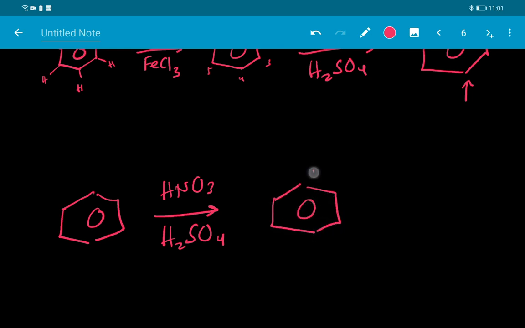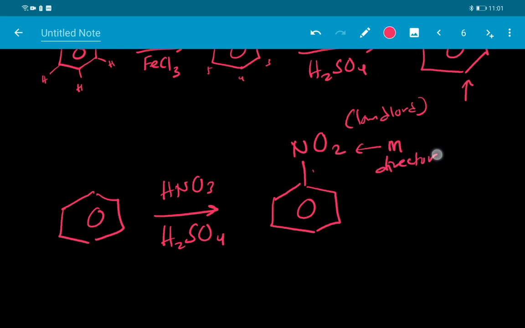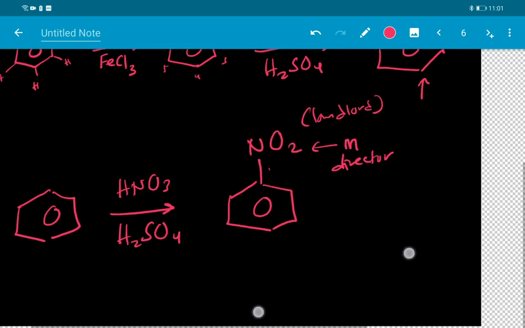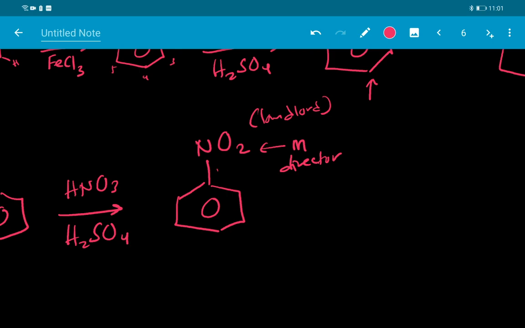So this will become nitro, and since nitro is the first one to enter the benzene ring, nitro will become the landlord. We know that nitro is what we consider a meta director. Jadi dia akan mengarahkan sesiapa yang masuk selepas tu, dia akan masuk dekat bahagian meta, which is carbon number 3 or carbon number 5.